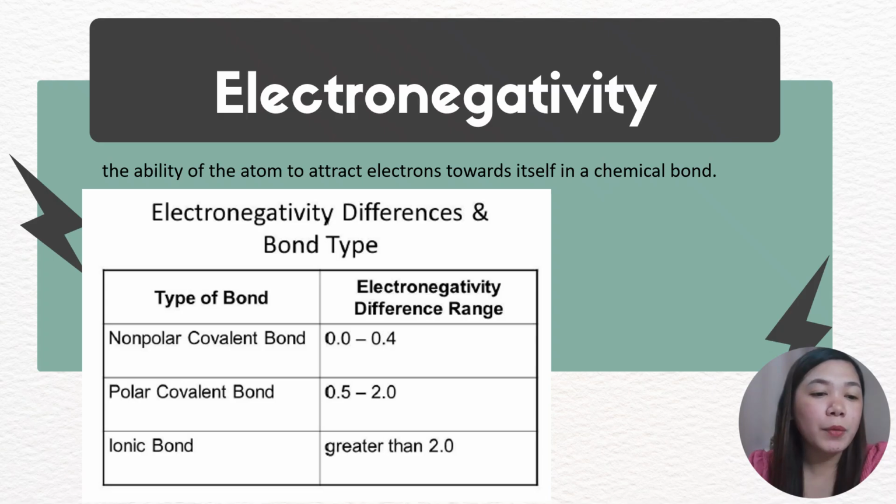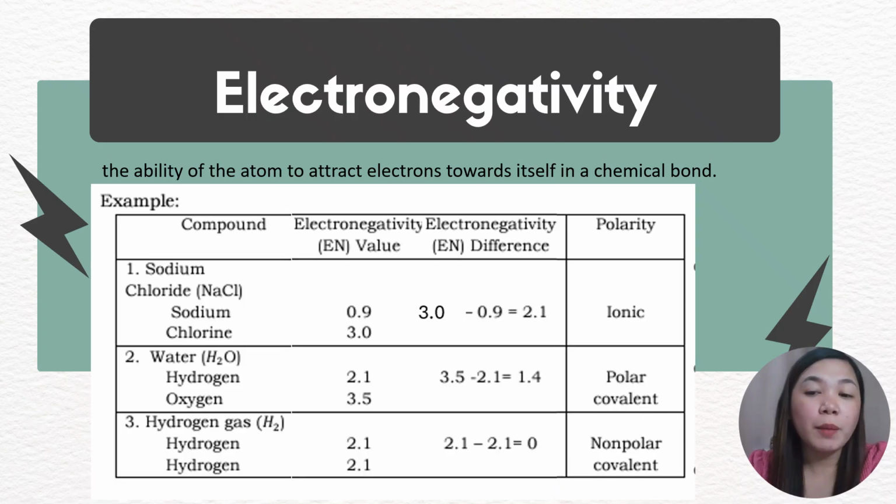So to give you an example, the polarity and the electronegativity of our materials can be described through our example. The compound is sodium chloride, or in other words, salt, very commonly used at home. The elements are sodium and chlorine.